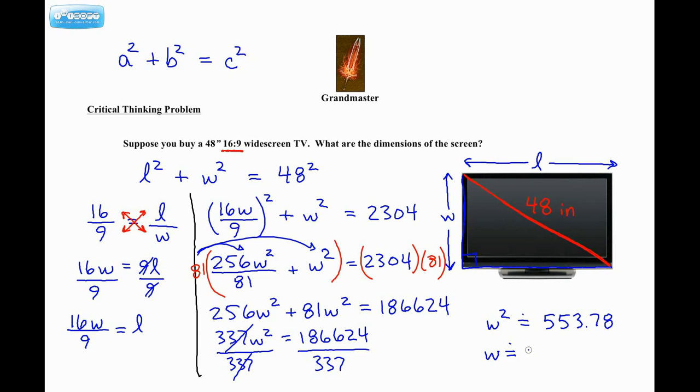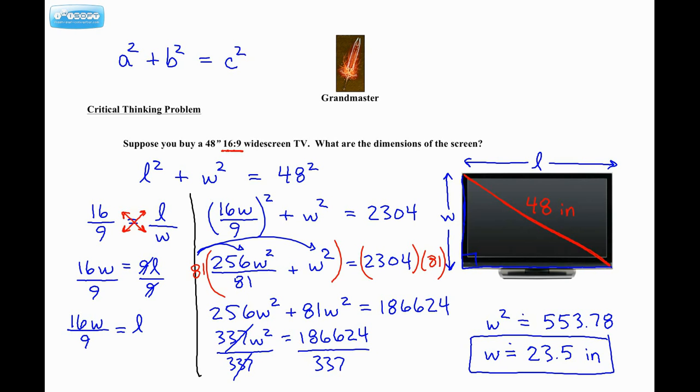And that gives me 23.5 roughly. Okay, and I think I can put my units back. We're still in inches, so I'll put that like that. All right, so we've found the width of the TV to be about 23.5 inches.